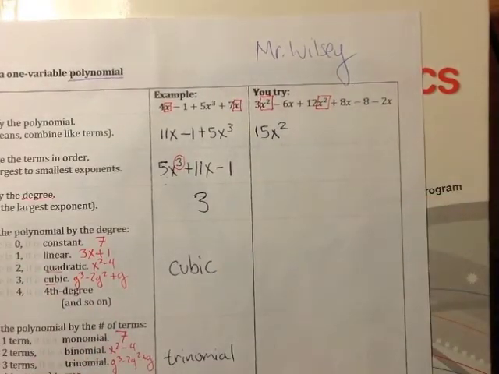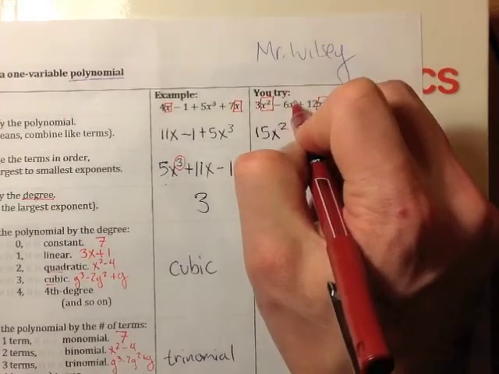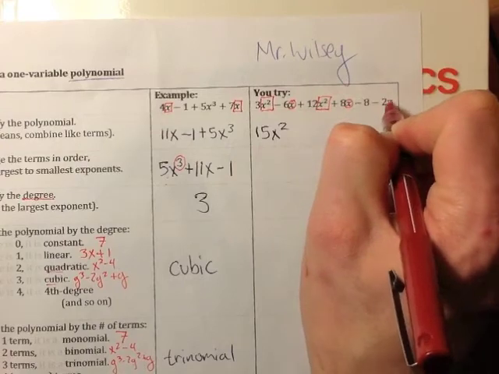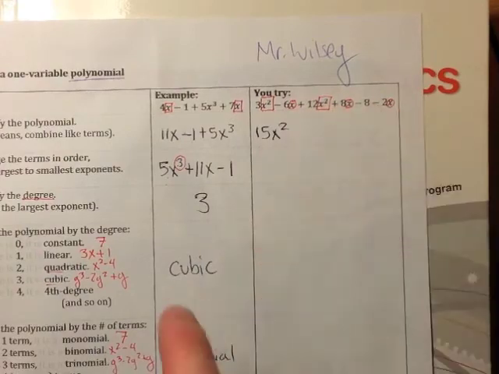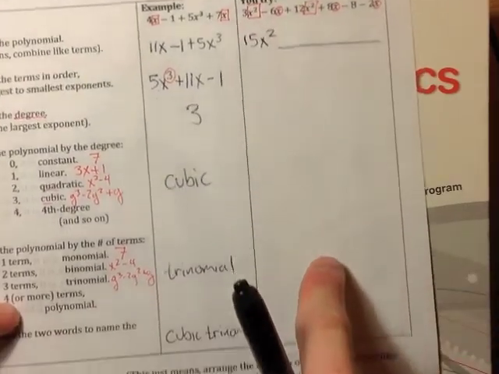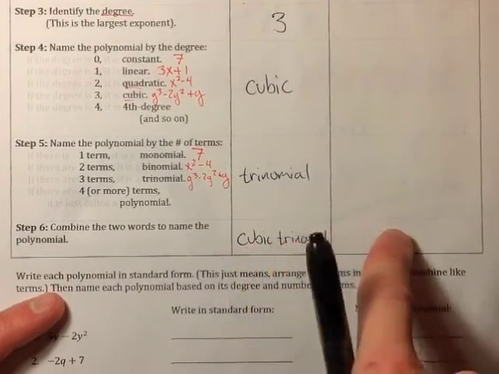Now I'm going to put a circle around the x's. Circle, circle, circle. Now, you can go on from here. Combine these like terms, and then fill out the rest of this. And then continue on down until you name the polynomial, first name, last name.